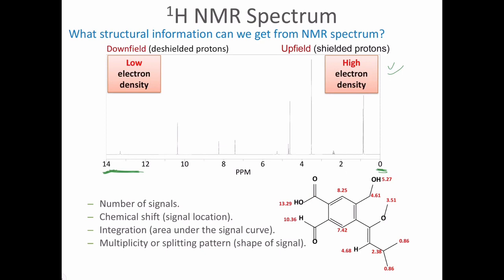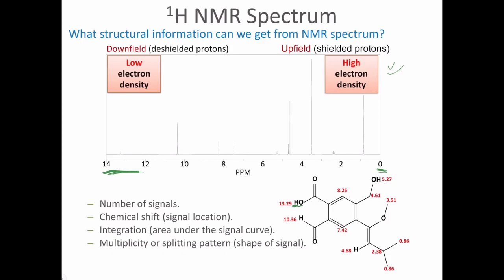Look at an example of something like a carboxylic acid, where we have the hydrogen connected to the oxygen. Oxygen is more electronegative. So this proton will be found at a more downfield region because the oxygen actually pulls electrons from the hydrogen.